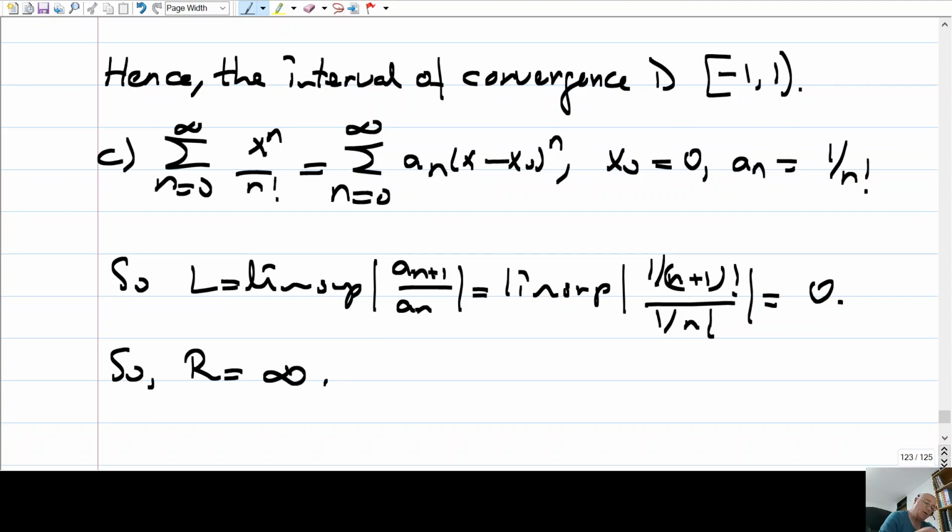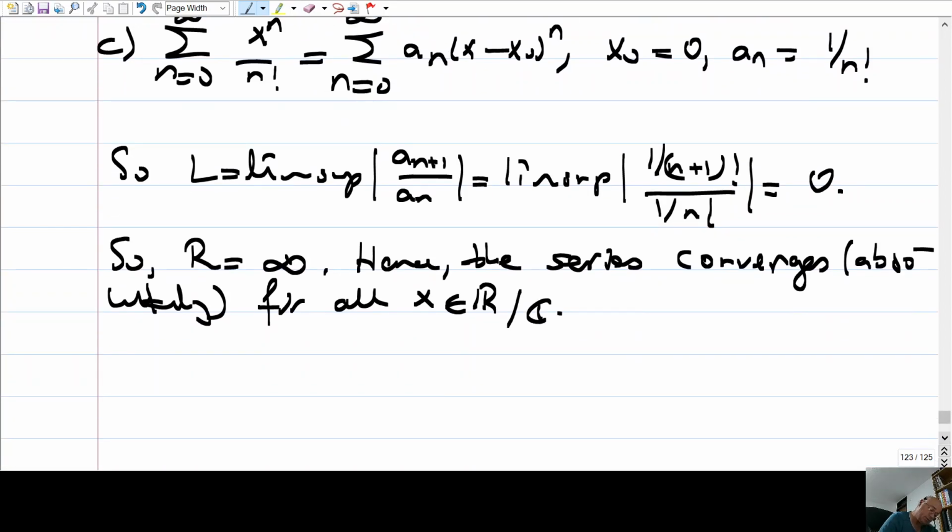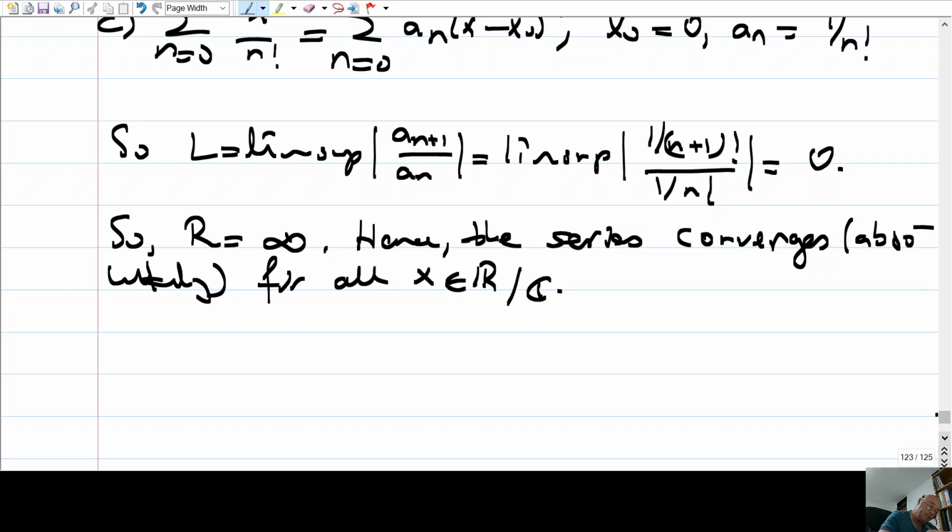Okay. So this means, hence, the series converges absolutely, of course, for all x, real or complex numbers. Okay. But actually we know that this thing is something we are familiar with.